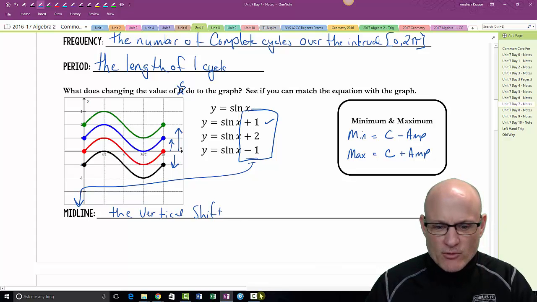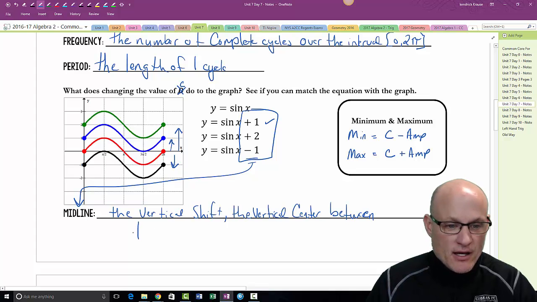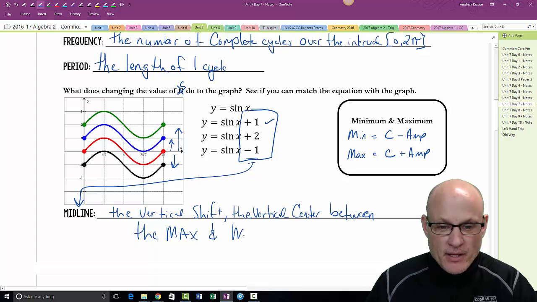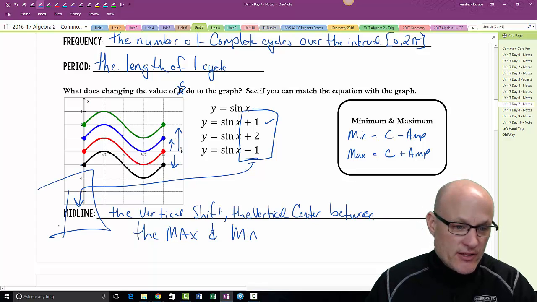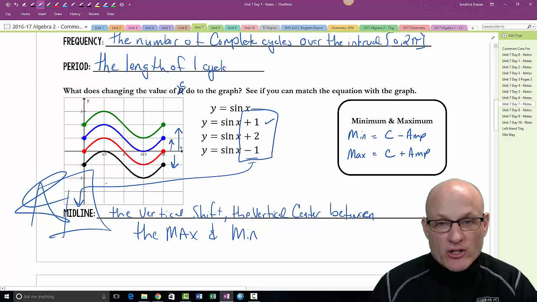Wait, hold on. I got to read because I don't like the way this is worded. All right, that's kind of worded right. It's the vertical shift. The vertical center between the max and min. And quite honestly, this is where you're going to start your graphing.